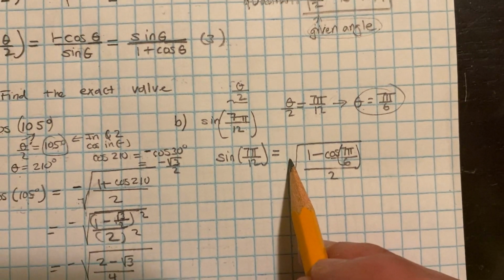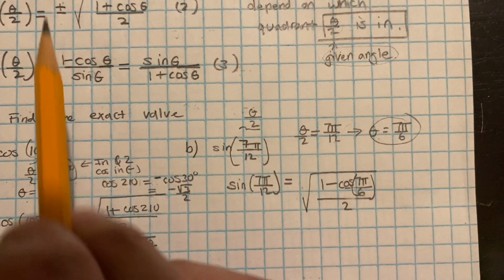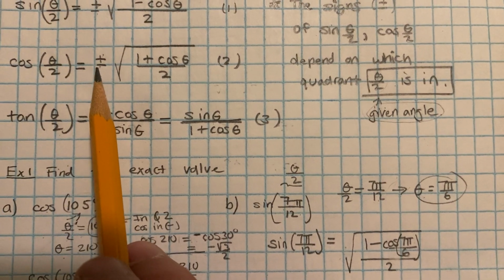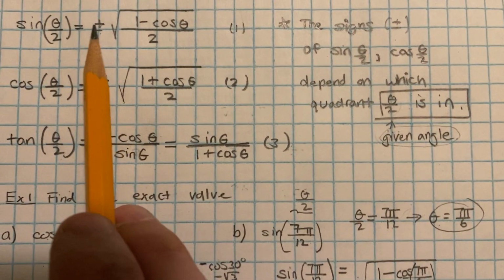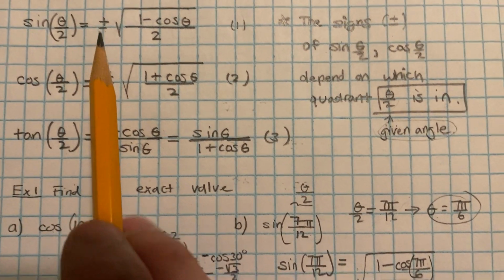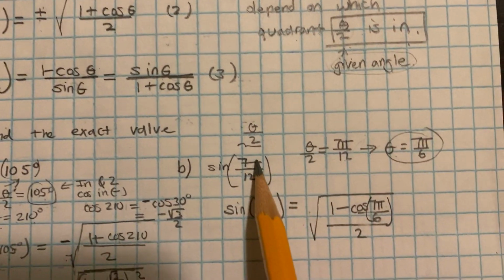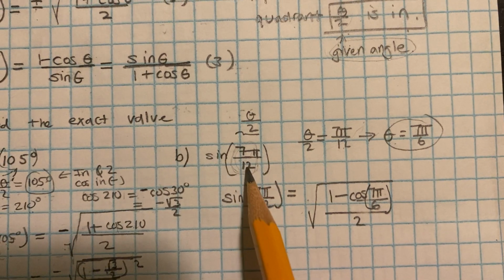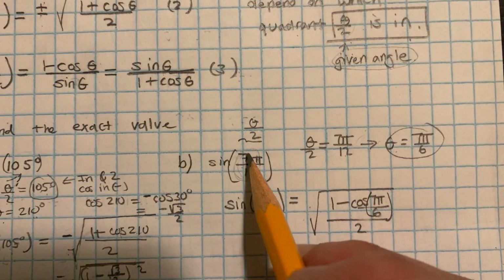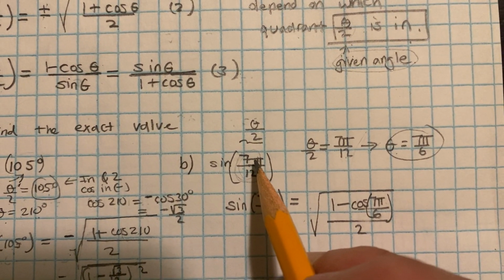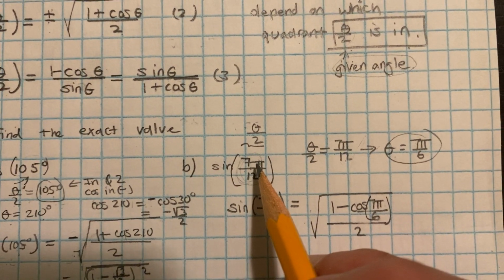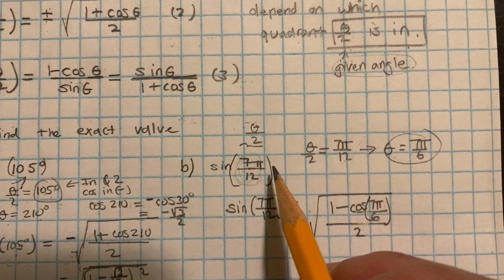Now I have to determine my plus or minus sign. Sorry, I'm pointing to this one. The plus or minus sign is dependent on which quadrant theta over 2 is in. So theta over 2 is just my initial angle right here. And if you think about it, 7 pi over 12, well, that's slightly past 6 pi over 12, and 6 pi over 12 would be pi over 2.